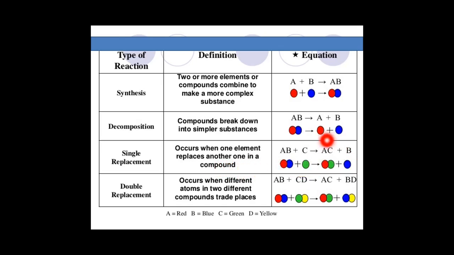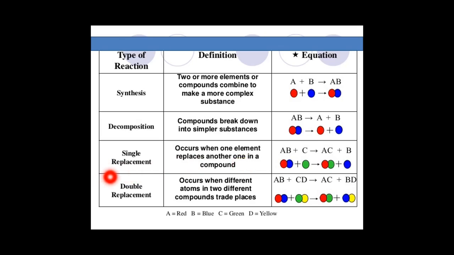In this general representation, C is an element. It displaces B from its compound AB, occupies B's position, and forms a new compound AC. So this element C displaces another element from its compound. So this is a replacement reaction or displacement reaction.